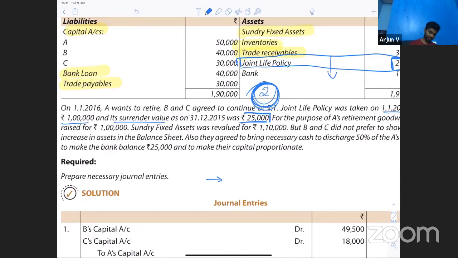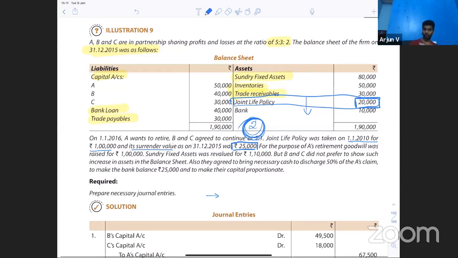In the balance sheet, they would have recorded the previous year's value. But now they are getting 25,000 rupees. So my question was, are we going to give back to the partners 20,000 or 25,000? 1 lakh is definitely ruled out because none of the partners expired.